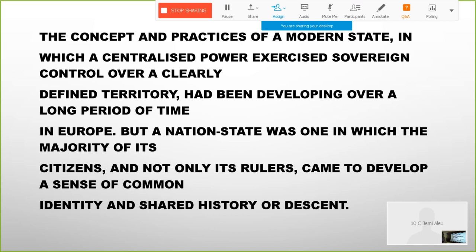If you look at the concept of modern states, it has a definite territory, what we call a predefined territory. In Europe at that time, the nation state was one in which the majority of citizens, and not only its rulers, come to develop a sense of common identity and shared history. So in Europe this led to the creation of a modern state, which was absent in Europe at that time.